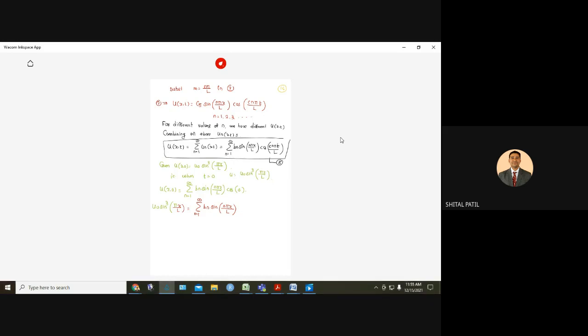So we have to use this formula. Understand why I am using the formula?